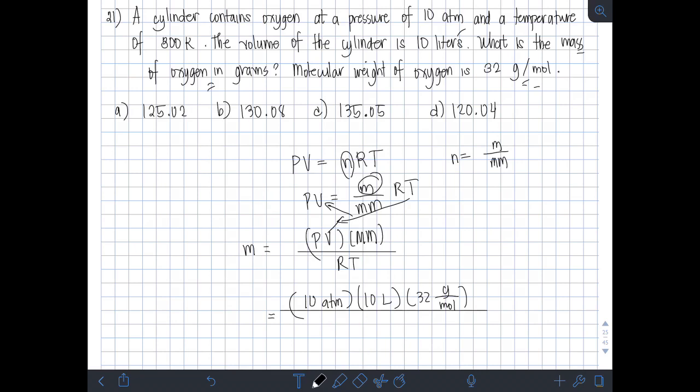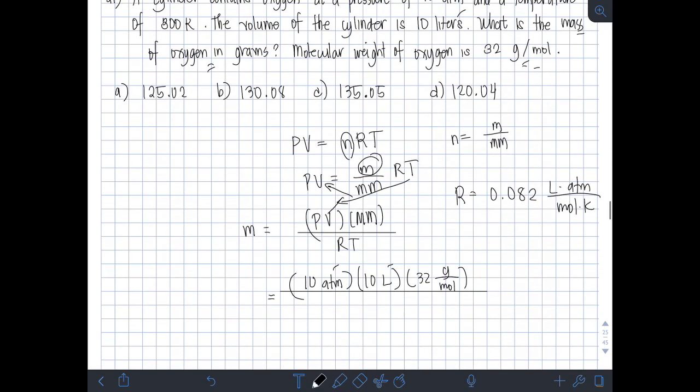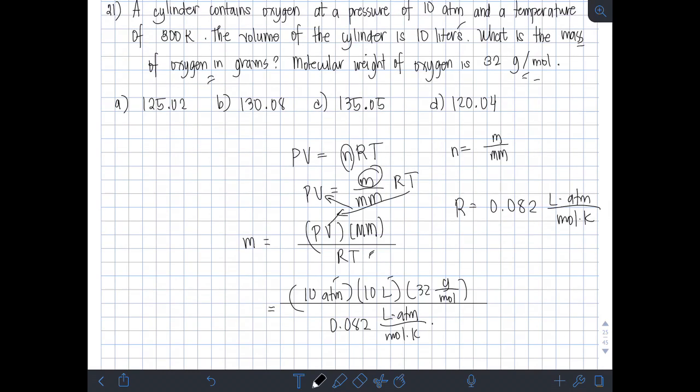Kapag meron tayong unit na atm, liters, mole, tsaka Kelvin, gagamitin natin constant R or gas constant natin, which is 0.082, unit is liter atm over mole Kelvin. Para makancel natin yung mga units, R is 0.082 liter atm over mole Kelvin times yung given temperature na 300 Kelvin.